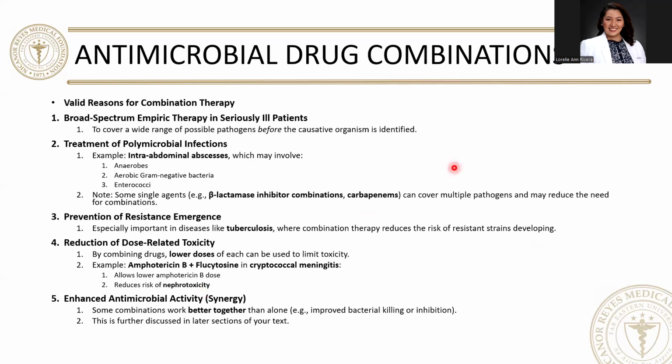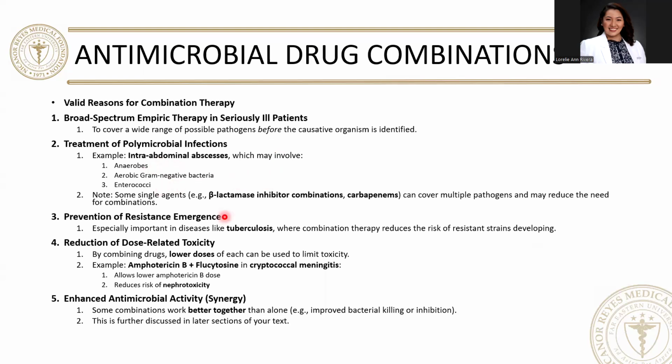So what are the reasons for combination therapy? Broad-spectrum empiric therapy in seriously ill patients will cover a wide range of possible pathogens before the causative agent is identified. Treatment of polymicrobial infections, for example an intra-abdominal abscess, may involve different kinds of microorganisms such as anaerobes, aerobic gram-negative bacteria, and enterococci.